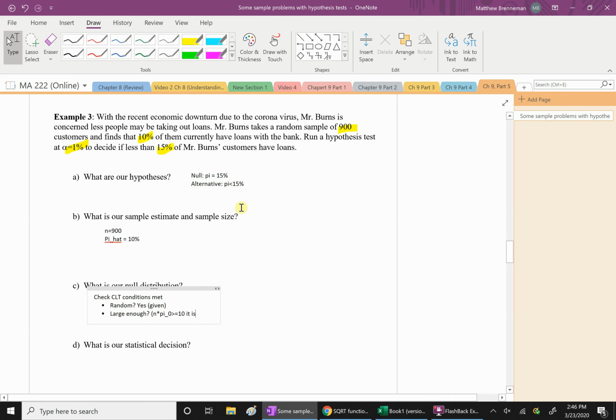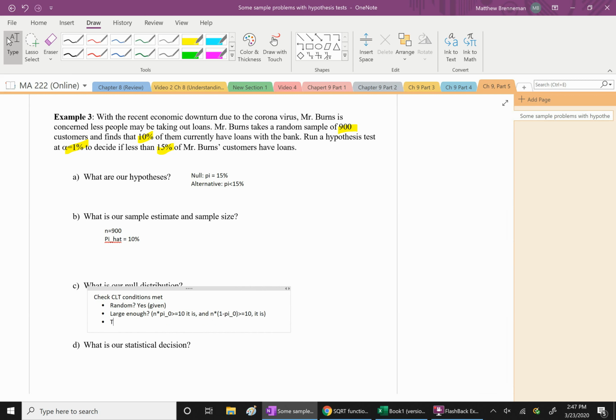If you take 15% of 900, you'll get 60, so that's okay. And we also have to make sure that n times 1 minus pi naught is greater than or equal to 10. And obviously this is even bigger than n times pi naught, so it is.